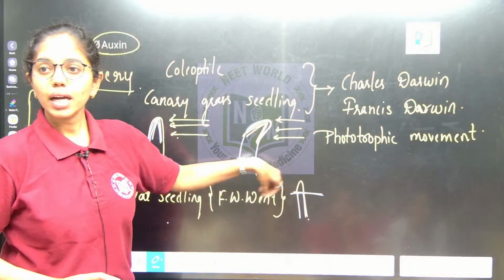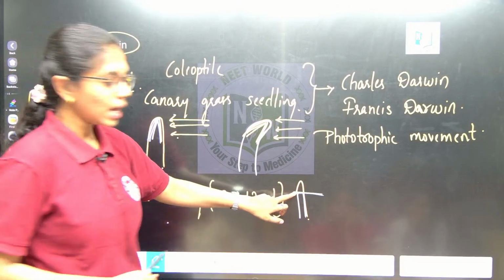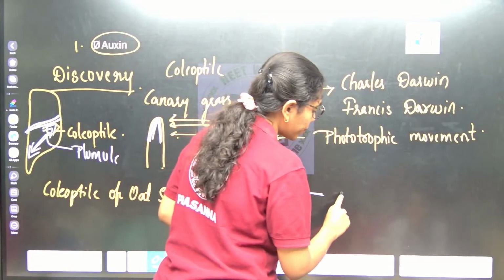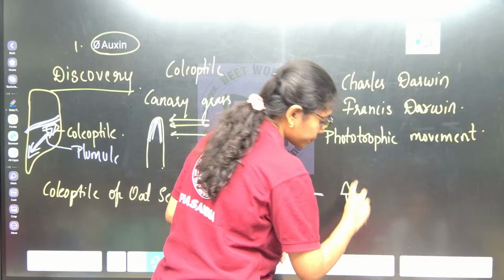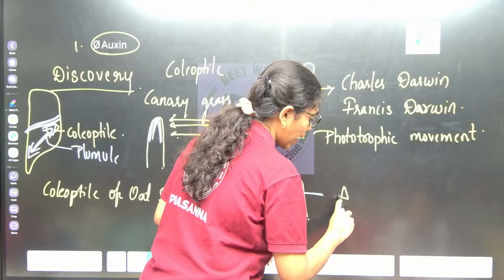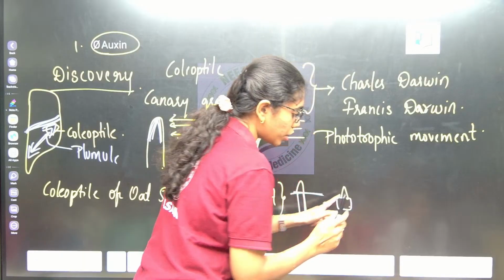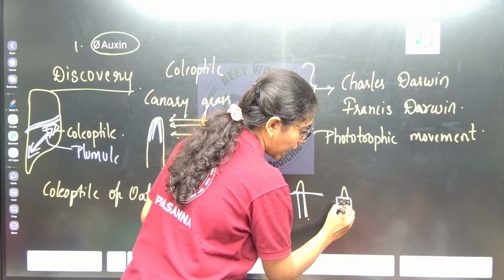Decapitating means taking off the apex of the oat seedlings, and then this decapitated coleoptile is placed over an agar block. When it is placed over an agar block, what happens? All the chemical constituents at this apical region were transferred into this agar block.